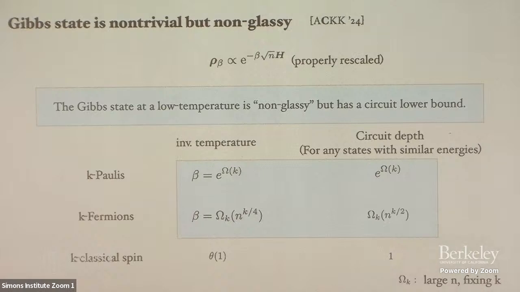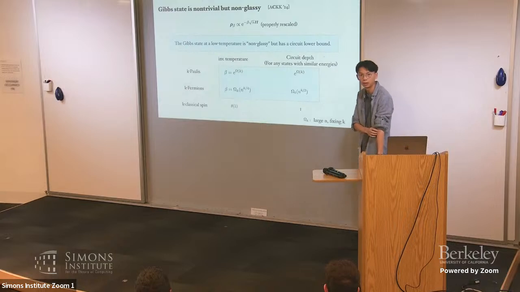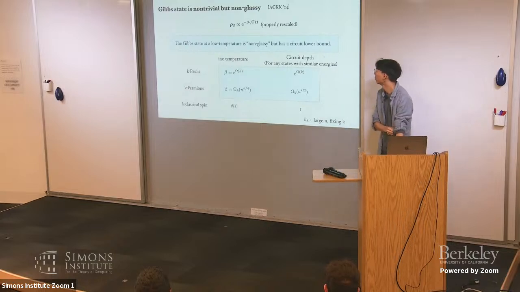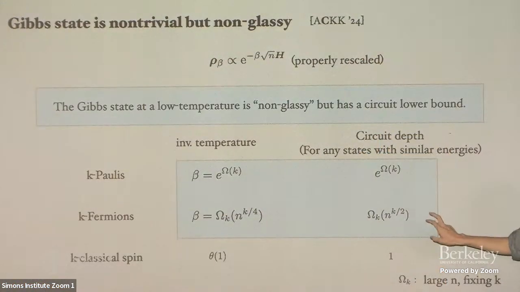What do you mean by non-glassy? I'll explain later. So we start here. Is this circuit depth or circuit complexity? Depth. If you consider circuit size, we have an extra n. If you only consider very general settings, multiply this by n, and that's the number of parameters.